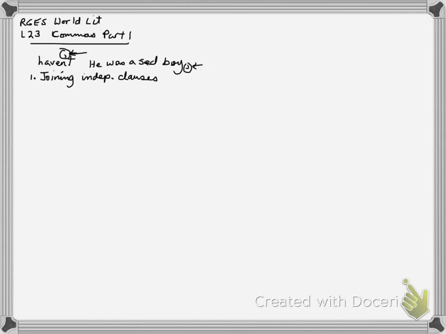When we link two or more closely related independent clauses together to form a compound sentence, we usually do so by adding a comma followed by a coordinating conjunction. Do you recall that? You want to know this list if you did not master it earlier.